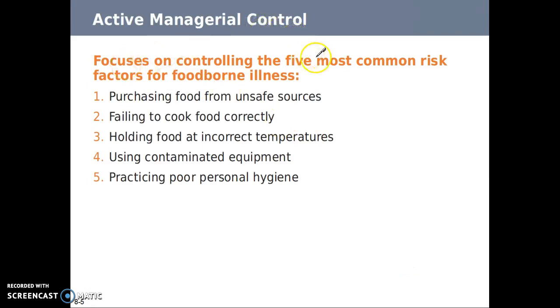Active managerial control focuses on controlling the 5 most common risk factors for foodborne illness. And again, all 5 are going to have something to do with the people handling the food. So purchasing food from an unsafe source, failing to cook food properly, holding food at incorrect temperatures, using contaminated equipment, and practicing poor personal hygiene.